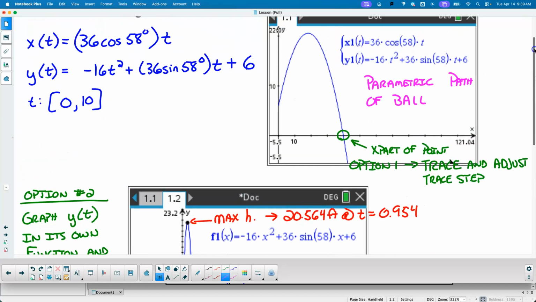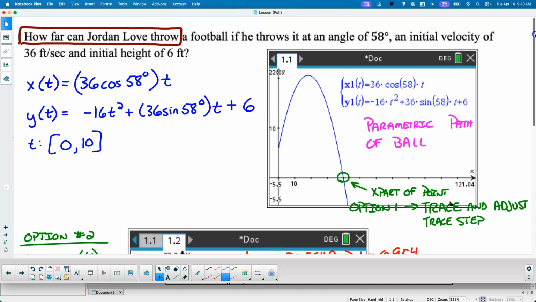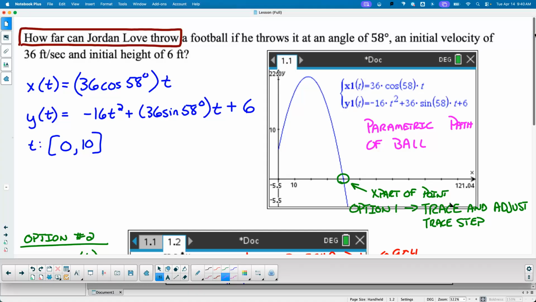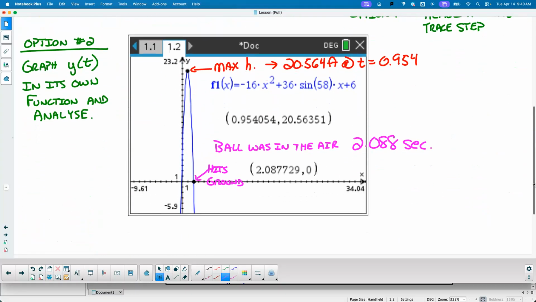The y? We already know the answer to that one without plugging it in. If I plug 2.088 into the y part of this function, what am I going to get? I'm going to get 0. So I plug in the x. I want to know how far away it landed, right? And horizontal distance is the x. So option number 1, or sub option number 1, I should say.